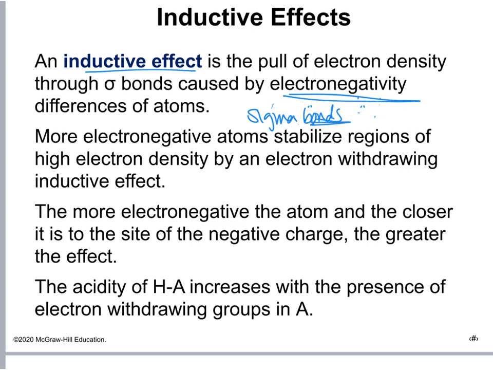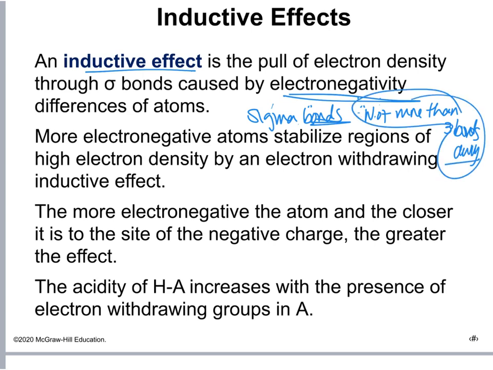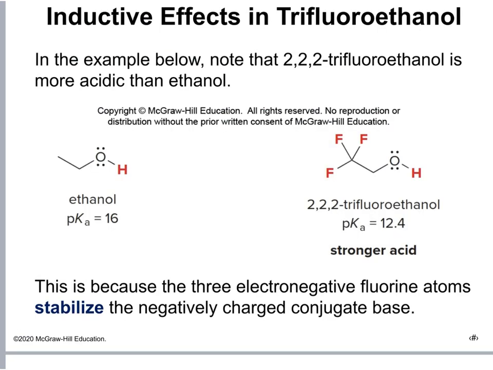It's just that it's not more than 3 bonds away. So we'll look at some examples, but 3 is the magic number on inductive effects, and the electronegativity pulls through the single bonds. Single bonds are sigma bonds. So we're not talking resonance, and we're not talking about element effects. We're talking inductive. So here, like you have ethanol.